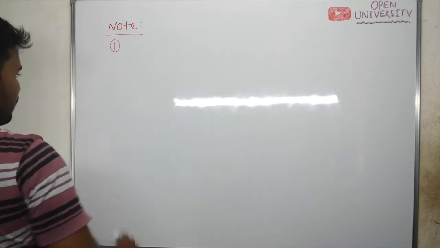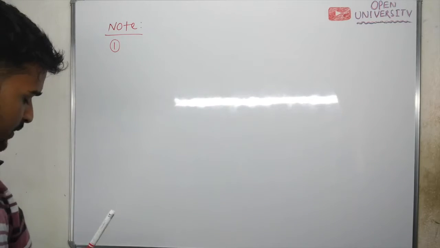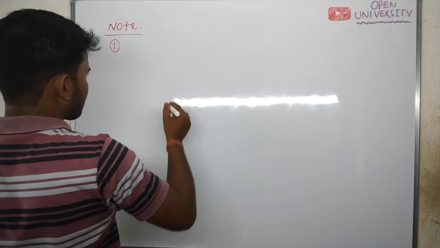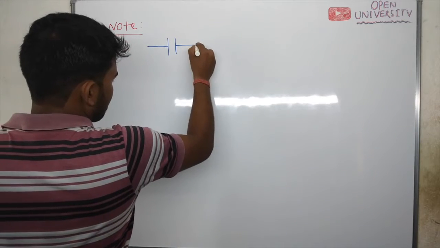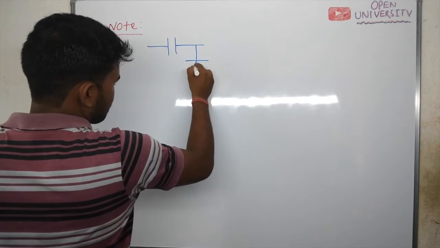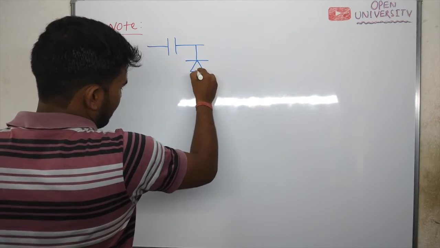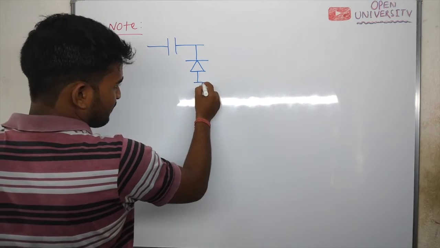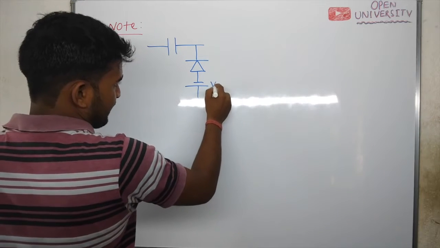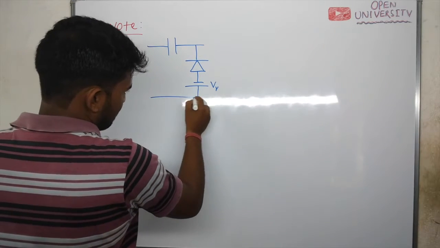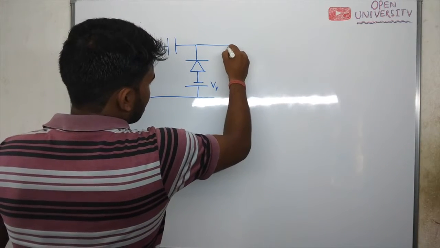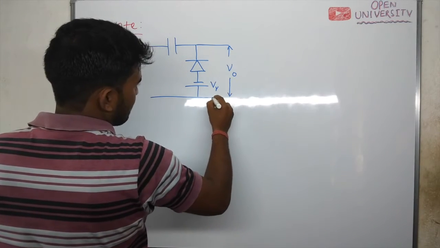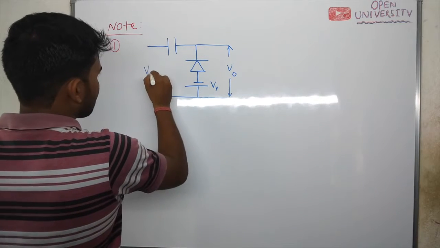First note. Suppose diode has some cut-in voltage V gamma. Then we will replace it with a series combination of ideal diode and a battery of V gamma. This is V naught and this is your Vi.